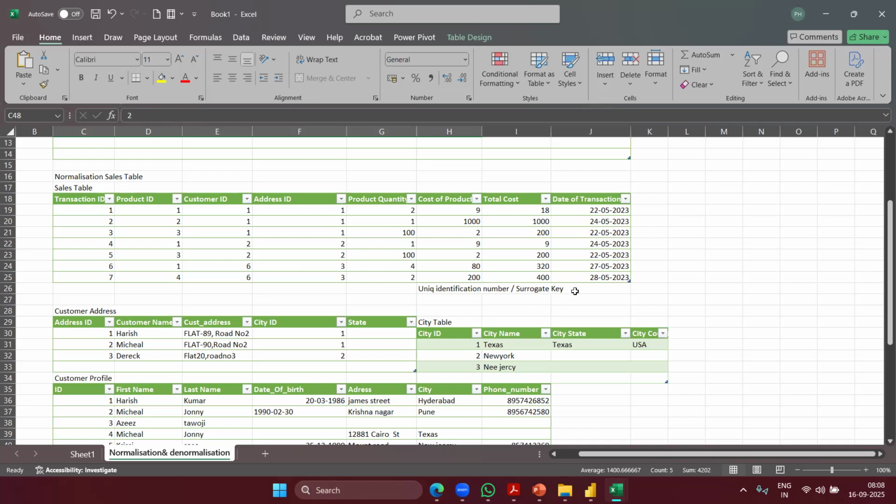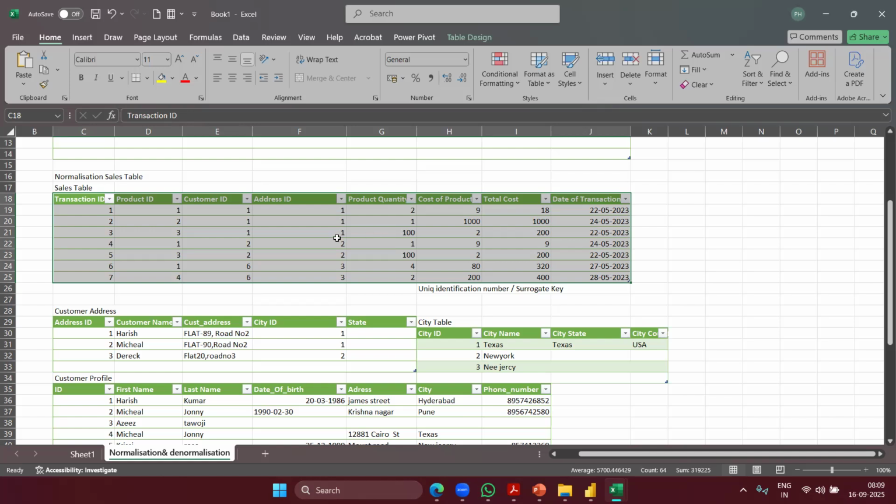And for our easy understanding, how we are calling these things: the sales table, which captures all the activities and events, we call it a fact table. Facts. All the facts are captured. Facts means transactions, observations, right?